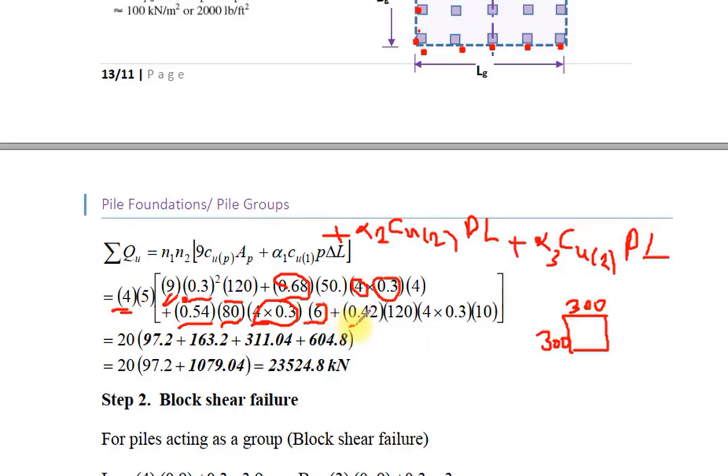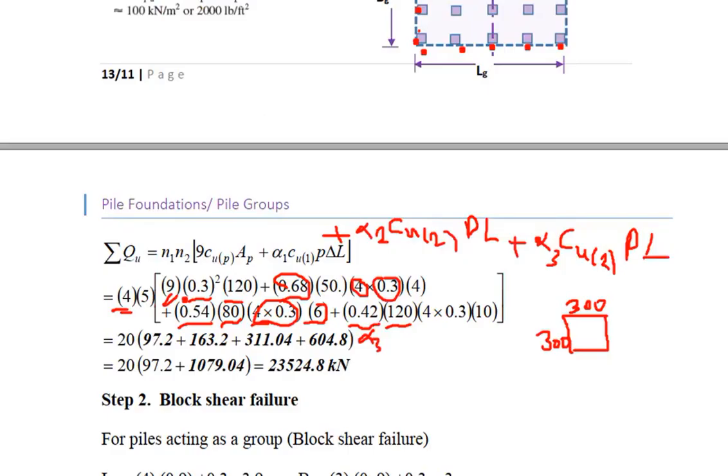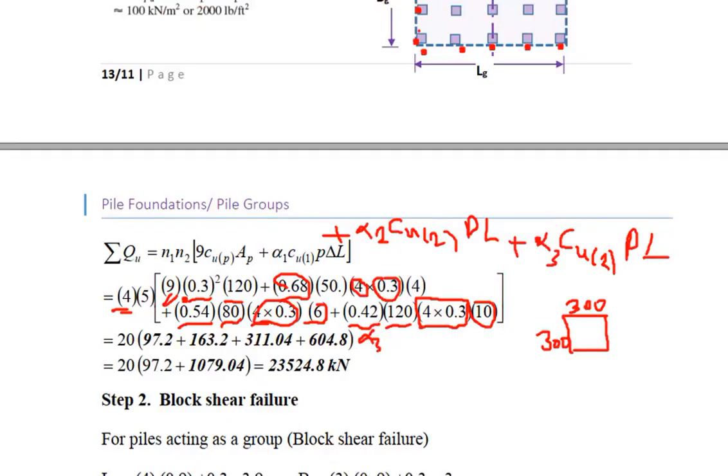Plus 0.42, alpha 3, alpha for the pile in the third layer, multiplied by the end-to-end cohesion. End-to-end cohesion for the third layer equal to 120 multiplied by 4 multiplied by 3, the parameter, multiplied by the length of the pile at the third layer, or the thickness of the third layer equal to 10 meter.